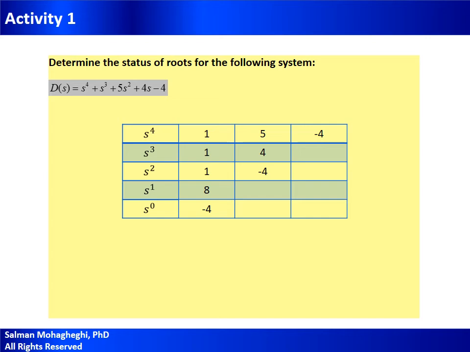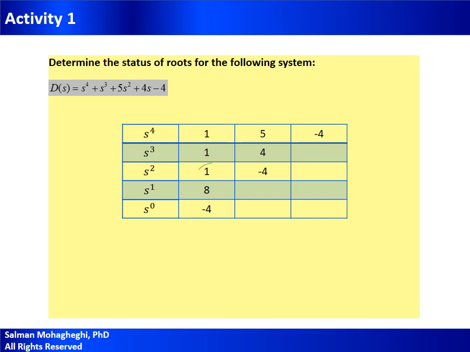Let's form the Routh table. The first row is going to be A0, A2, A4, which is 1, 5, negative 4. The second row is going to be A1 and A3, which is 1 and 4. Now, I can start calculating the individual entries.